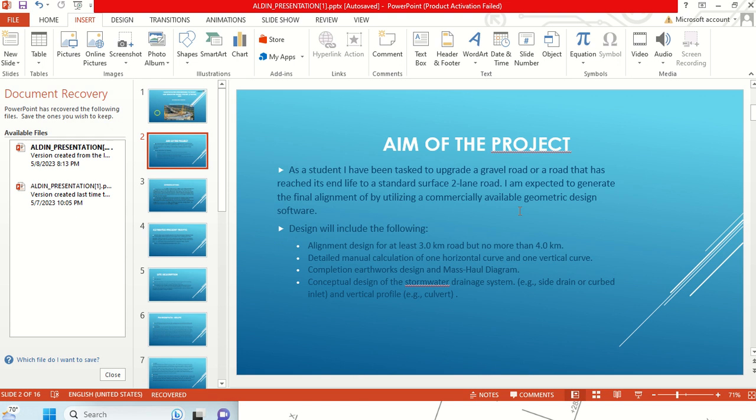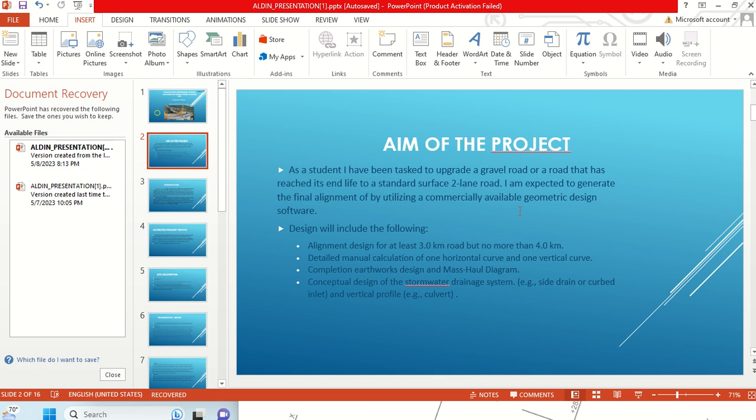The design will include the following: alignment design for at least 3 kilometers of road, but not more than 4 kilometers. A detailed manual calculation of one horizontal curve and one vertical curve.